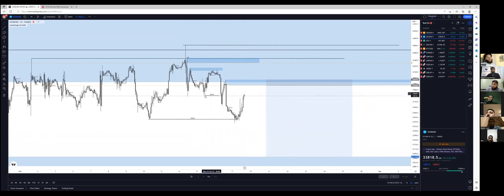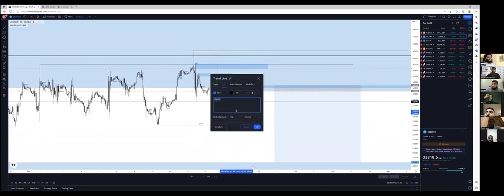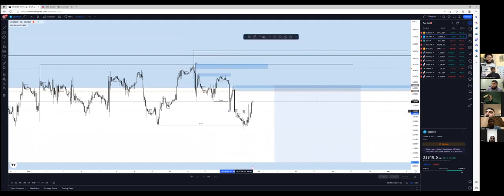Some may say, okay, cool, now this could have been an official change of character, and this could have been the break of structure, because now we are officially in a bearish trend, for example. So here, this could have been a break of structure to the downside, and this could have been the next bearish break of structure.